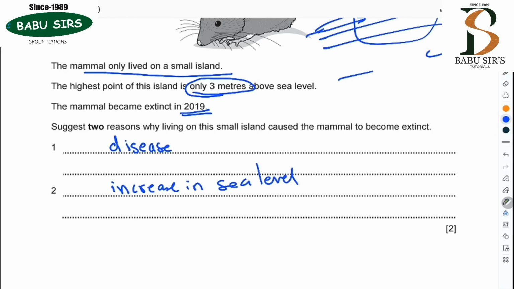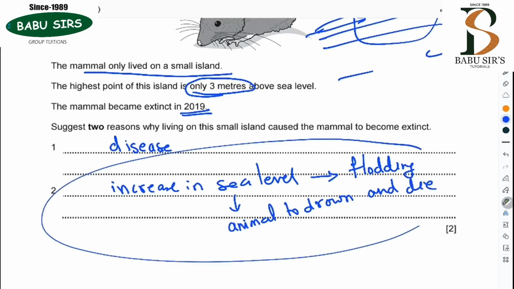And because of the increase in sea level, there might be flooding, which might cause the animal to drown and die. So I think this is one of the best answers, because the height is not that great.